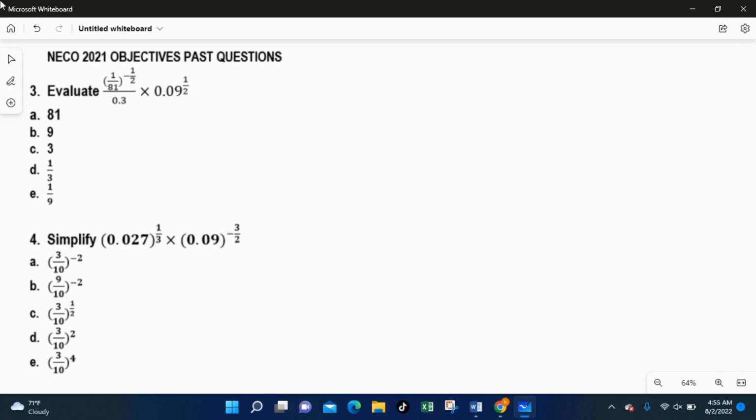If you have any question that has to do with this, you should know that 1 over 81, in case you have something like 1 over a, can be equal to a raised to power minus 1, because that is what fractional indices give.